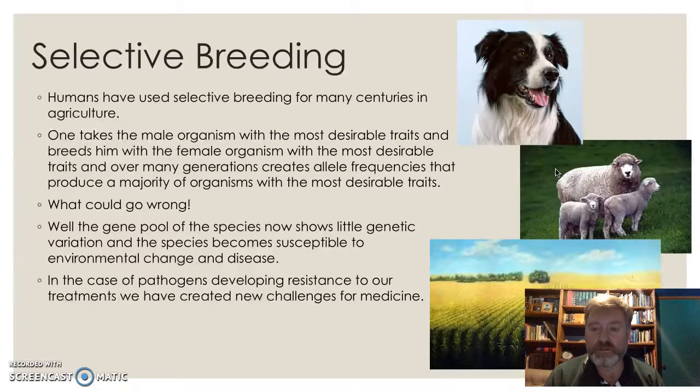It's one corn plant, and it would have very limited variation. And if a disease was to strike that the species had little protection from, it would wipe out at least most of that crop. And the same with the sheep there. If disease hits the flock, the lack of variation within the flock would see it really badly damaged, potentially.